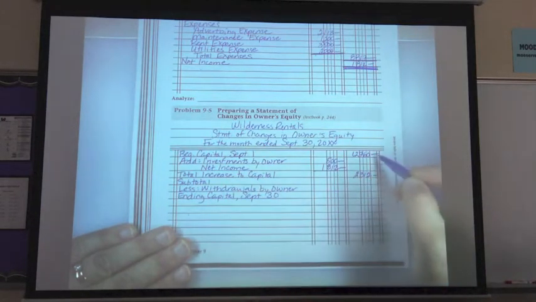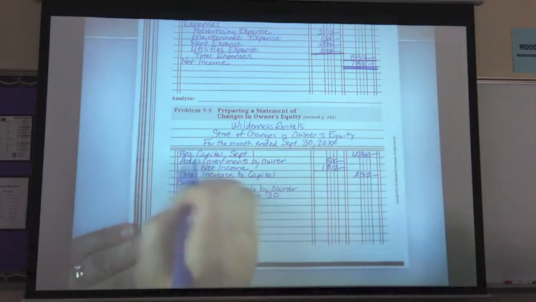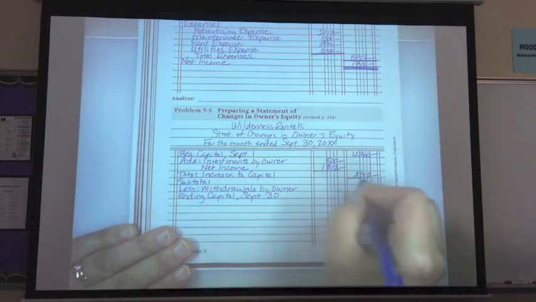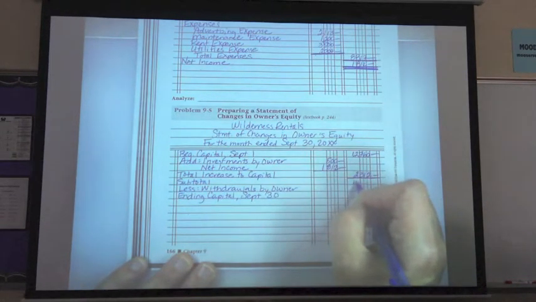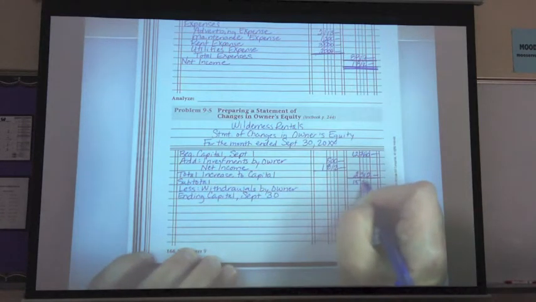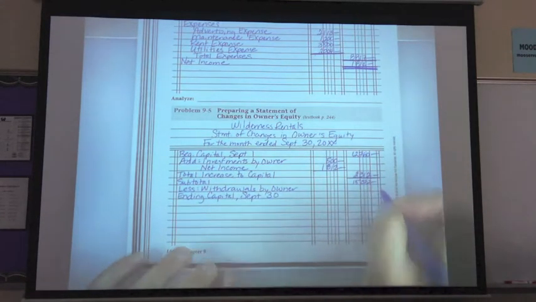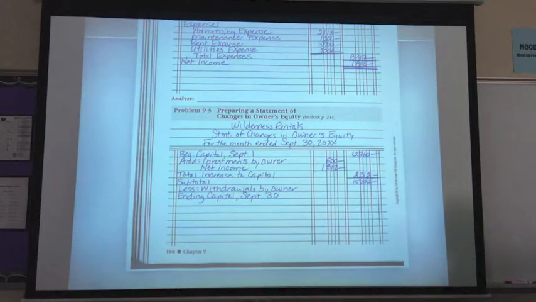Now we're ready to add these two together to get our subtotal. Give me a second, get your calculator out, make it happen. Should end up with 15,072. Boy, I hope my mental math is right.